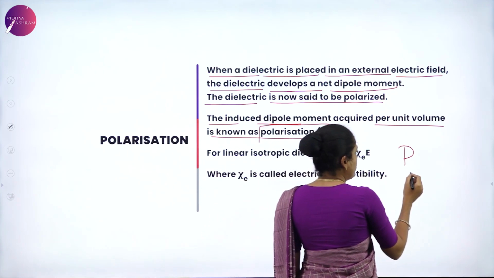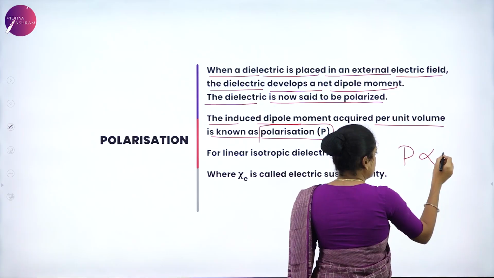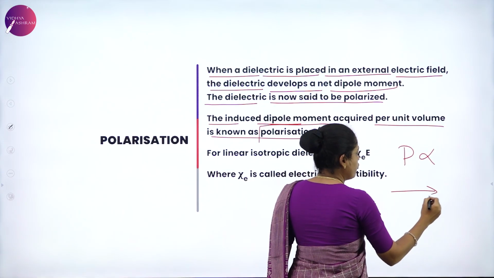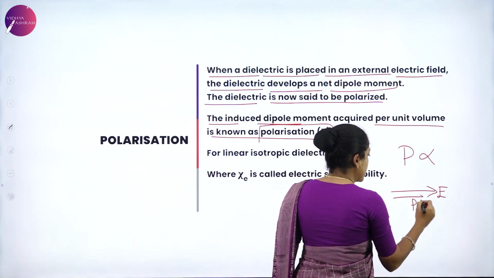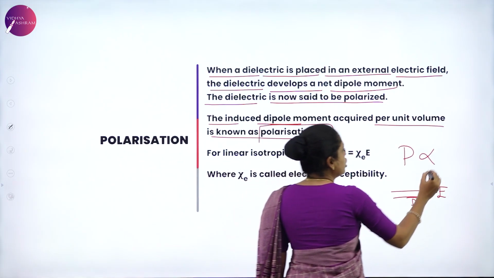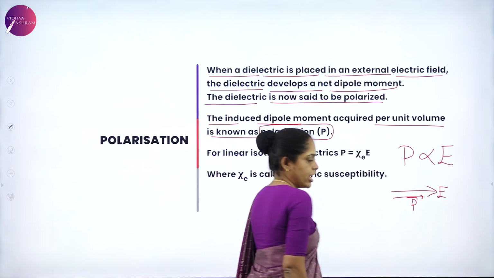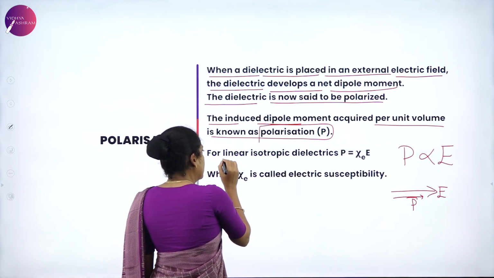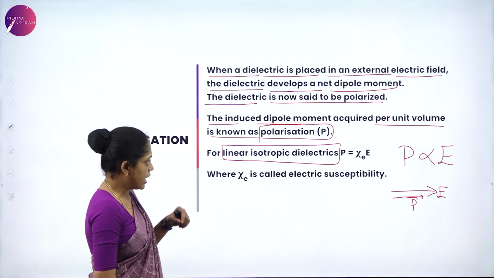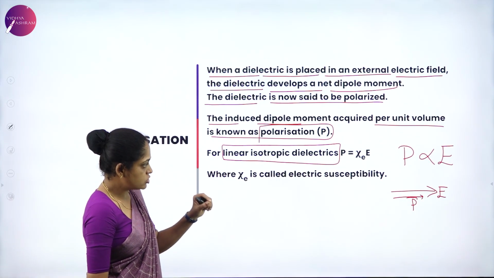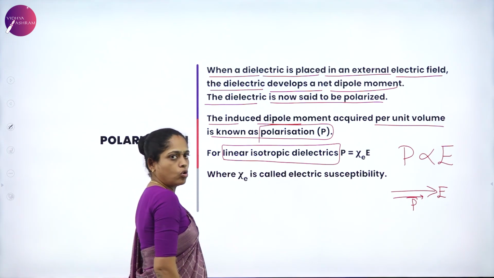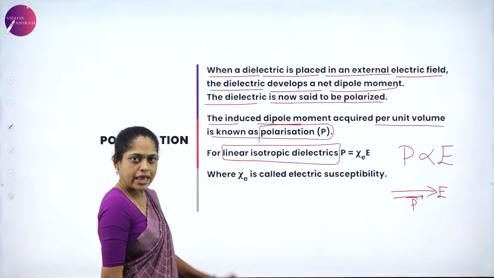When the dipole moment is in the direction of the electric field and proportional to the strength of the electric field, then the dielectric is known as a linear isotropic dielectric. Such dielectrics for which this assumption is true are known as linear isotropic dielectrics.